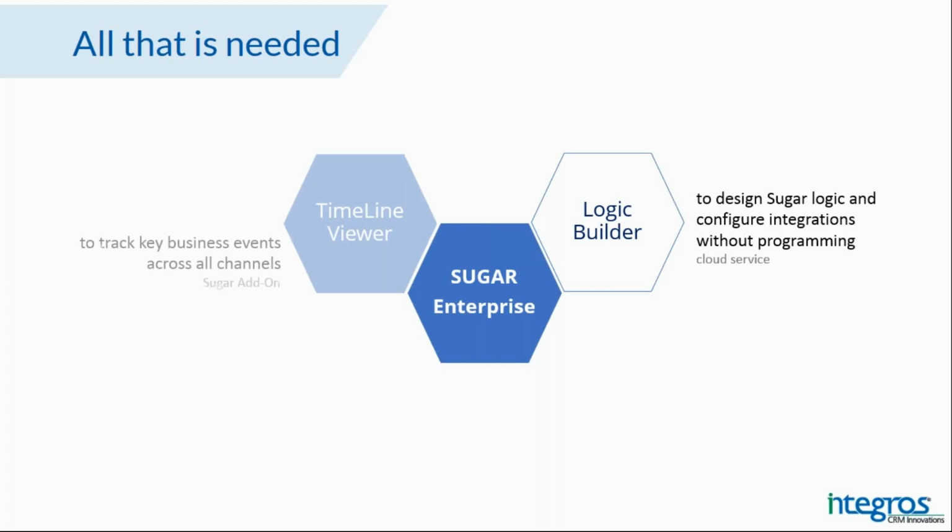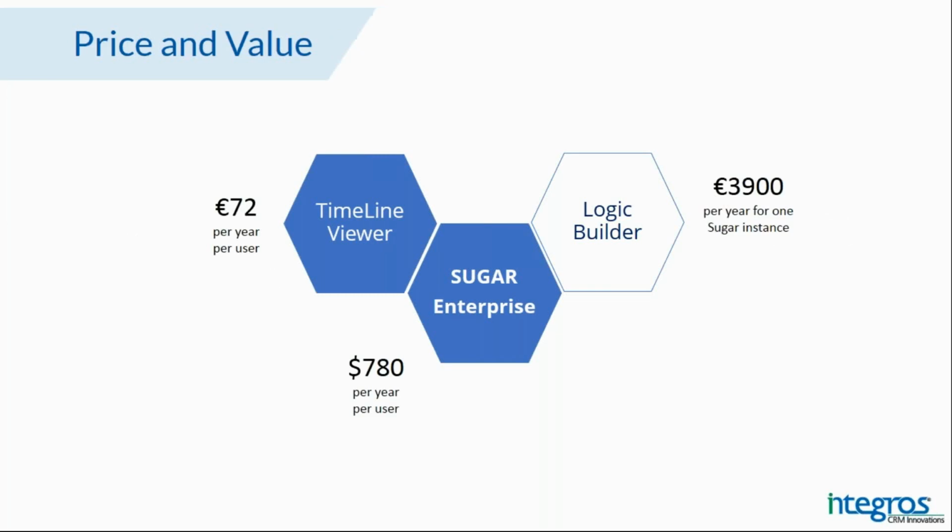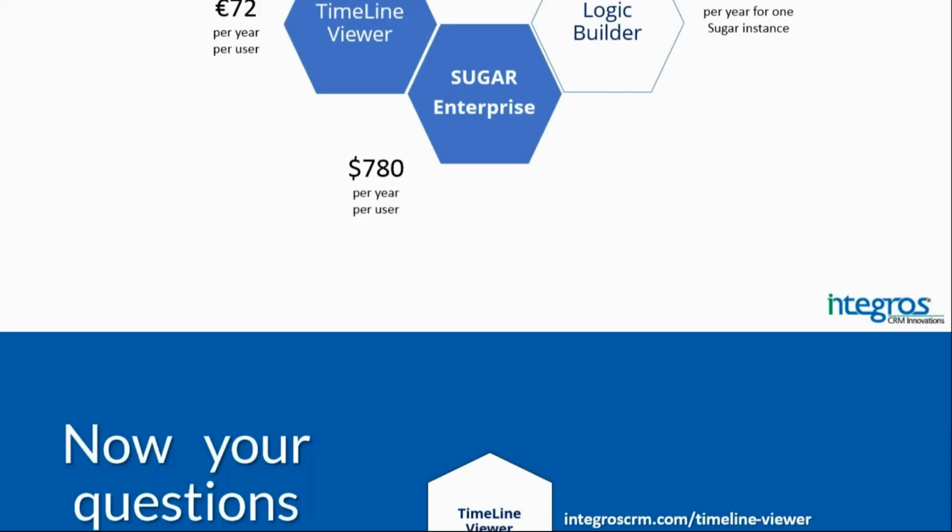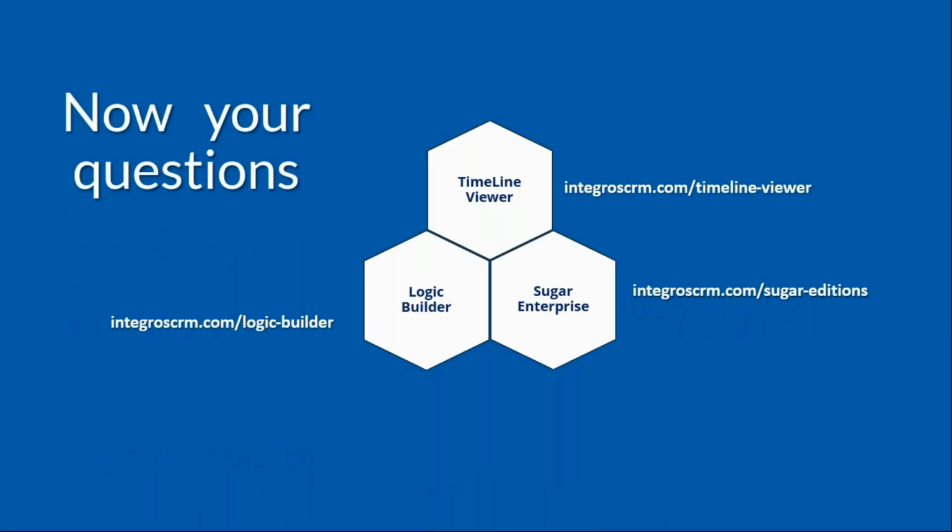And last but not least, what we need is the timeline viewer to gather the key business events across all channels and to keep our customer experience seamless. And here are the prices and values of the platform itself and the components I've mentioned today, and the details on them you can look up by the links.